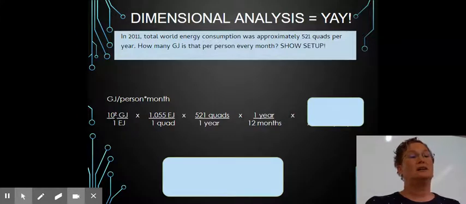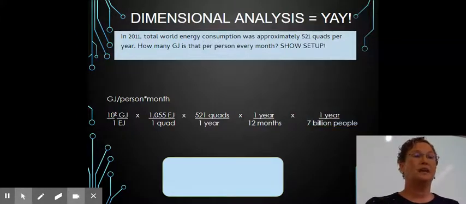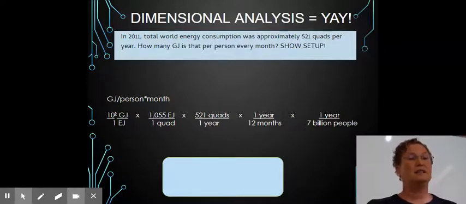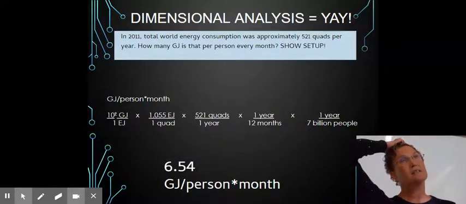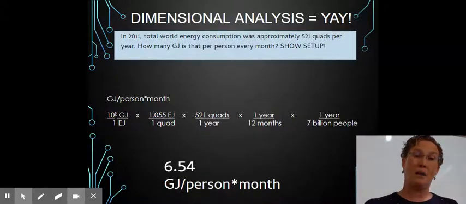Then there's 12 months in a year, and then a year per 7 billion people, right? If you put that into your calculator, you will get the answer, which is 6.54 gigajoules per person per month.